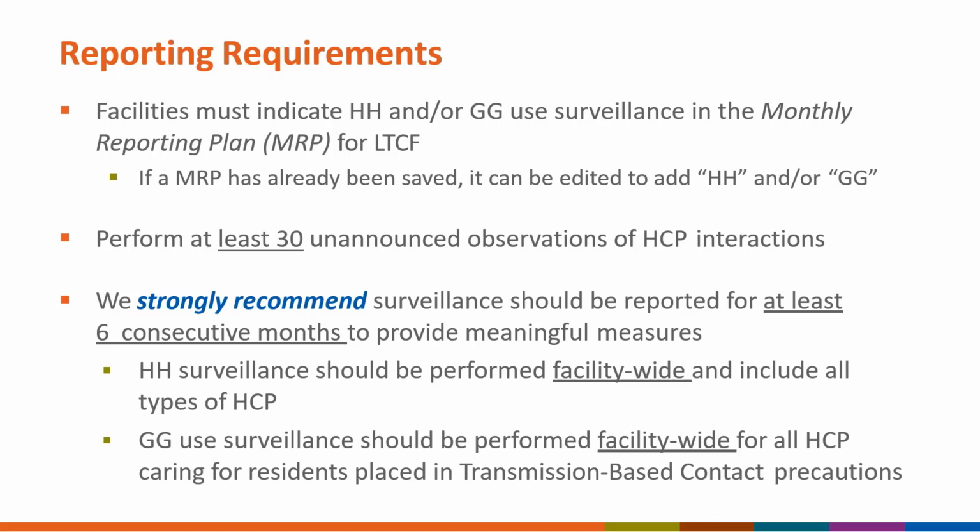Facilities must indicate hand hygiene or gown and glove use surveillance in the monthly reporting plan by selecting that option. You must perform at least 30 unannounced observations of healthcare personnel interactions. And again, we strongly recommend surveillance to be reported at least 6 consecutive months to provide meaningful measures.